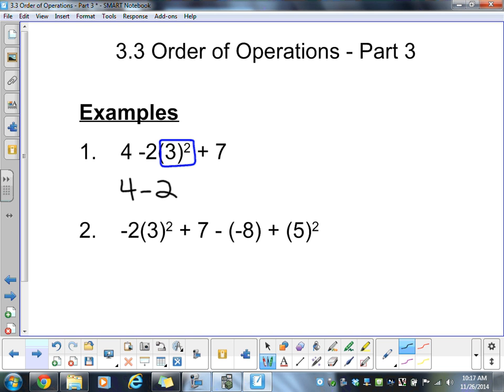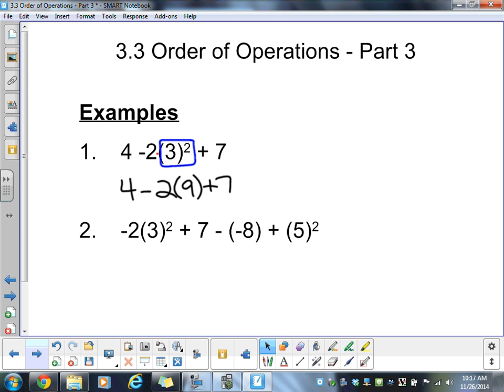Well, 3 squared means 3 times 3, and I know that's 9. So I'm going to put that in parentheses because if you look, there's no sign between the 2 and the 3 up here, so we assume that's a multiplication. So we have 2 times 9, and then I'm going to write out my plus 7 at the end.